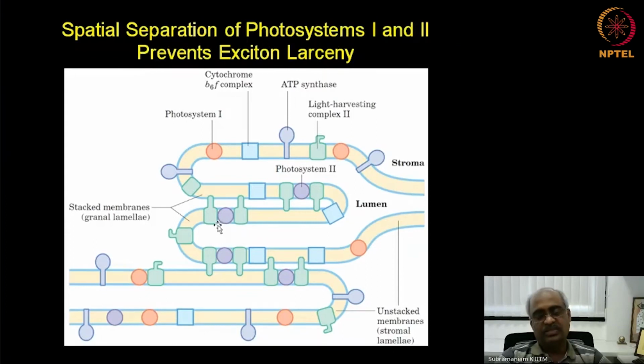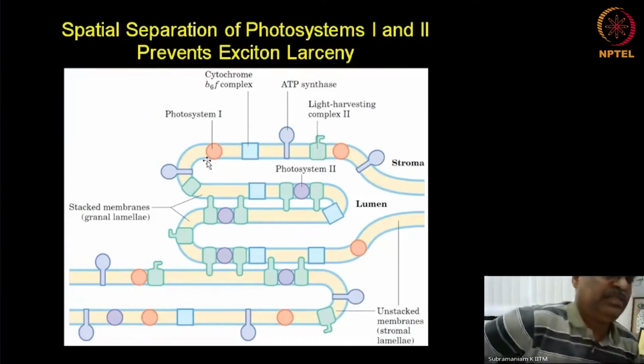As a result, the exciton harvested by this light harvesting complex can be lost to photosystem 1 more readily than to photosystem 2. So these light harvesting antennas could actually be transferring the exciton energy into this one, because this requires less energy than this, because this is excited by a wavelength having less energy, P700.